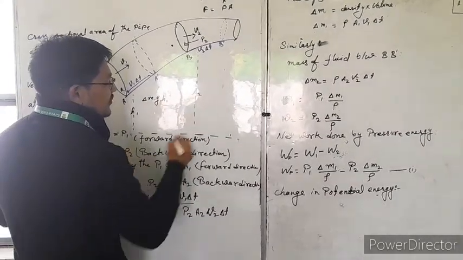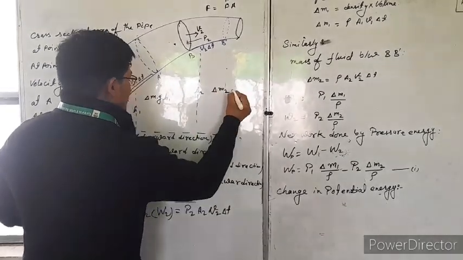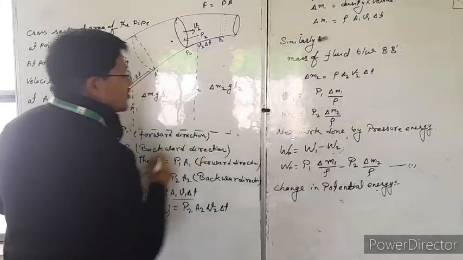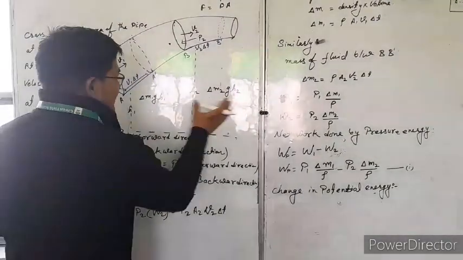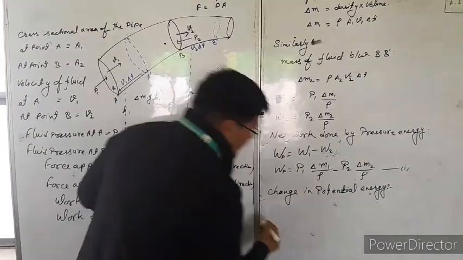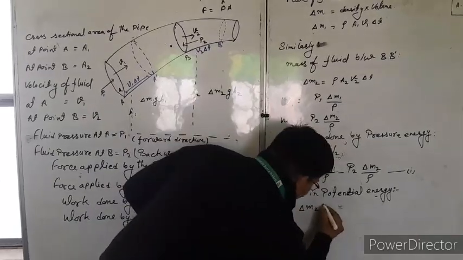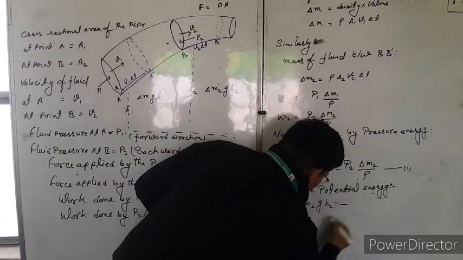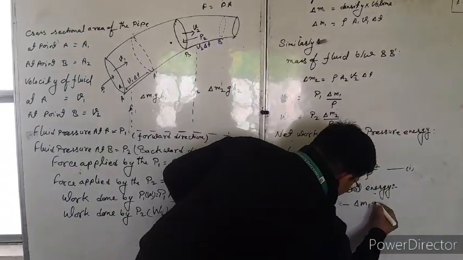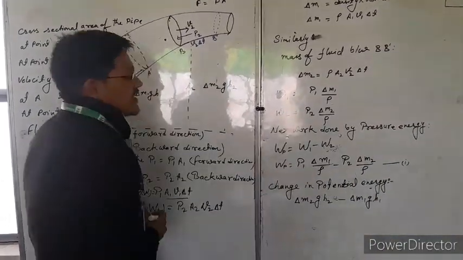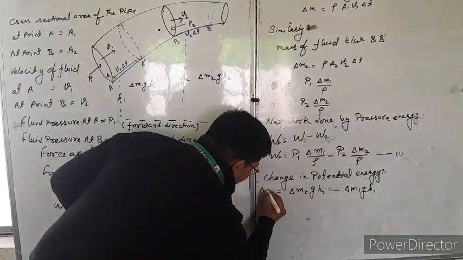And at this point it will be delta m2 g h2. So the change in potential energy is this energy minus this energy: delta M2 g h2 minus delta M1 g h1. You can denote it by delta U.